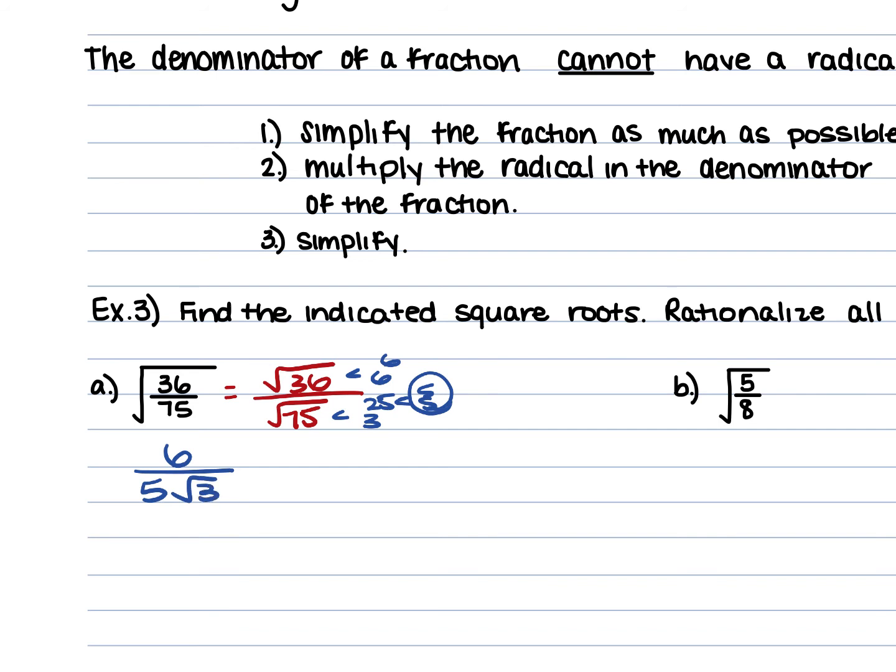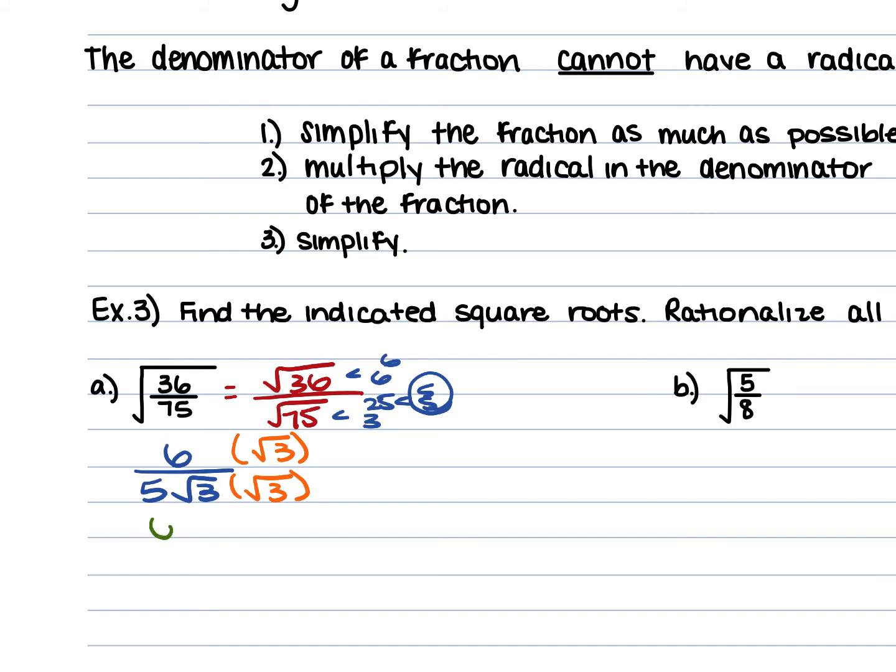You have that radical of 3 in the denominator, so you have to rationalize it. Your index there is 2, so you should be multiplying that square root of 3 by itself a total of 2 times. That would give us a multiplication of the square root of 3 on the denominator, which you do to the bottom, you must do the top. So you multiply the 6 by the square root of 3 as well.